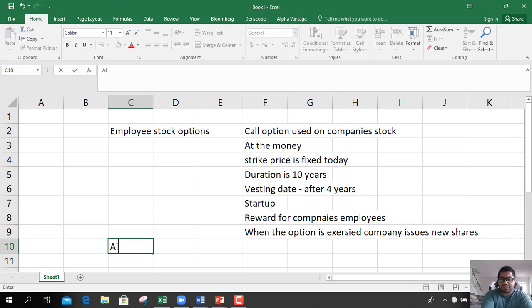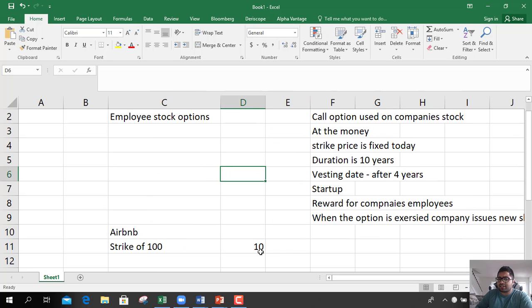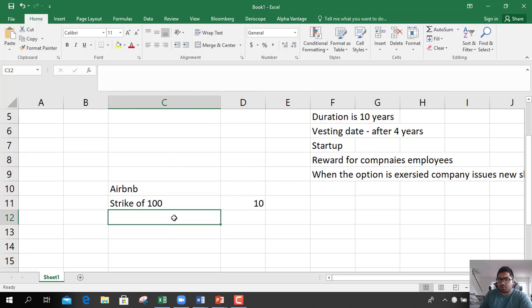So I joined Airbnb, which is currently not a listed company. And because I'm doing a fantastic job, Airbnb says, with a notional strike price of $100, it will give me 10 employee stock options.